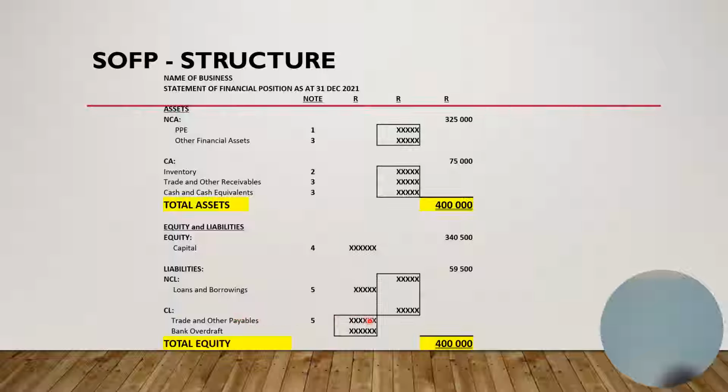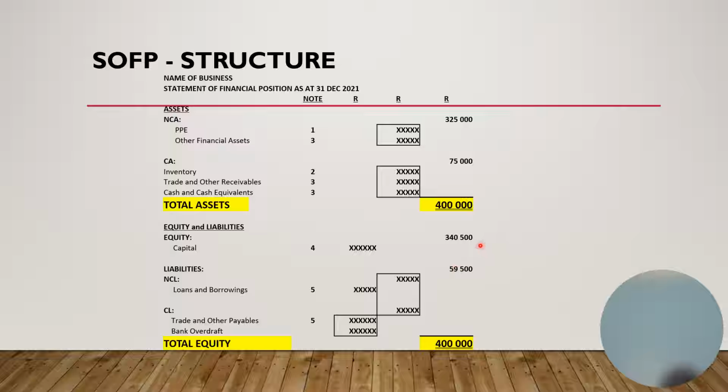We write our total here, and we did our calculation here. And then also under current liabilities we have bank overdraft. We add it there. When we add these current liabilities, they give the total for current liabilities, and then when we add non-current and current liabilities, they give us the total for liabilities.